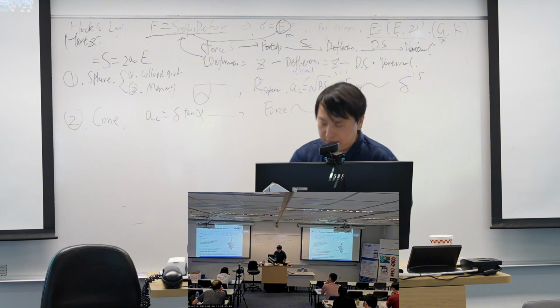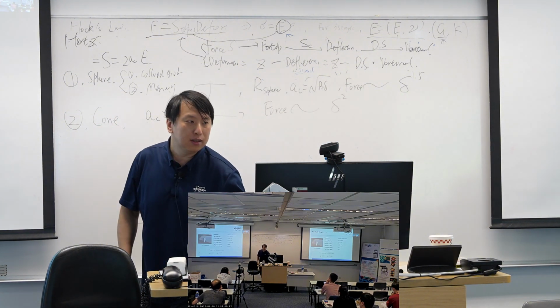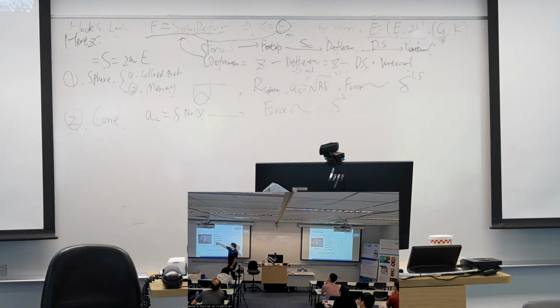And usually our AFM probe is not a circular cone, but a pyramid. Our probe looks like this.